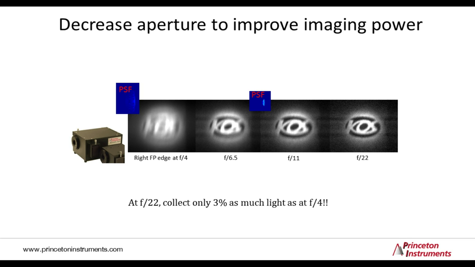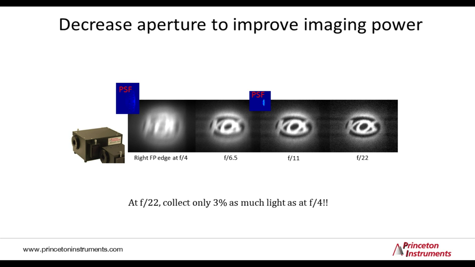One way is to decrease the aperture to improve the imaging power. This image shows the image on the detector at one of the edges, here the right edge of the focal plane.